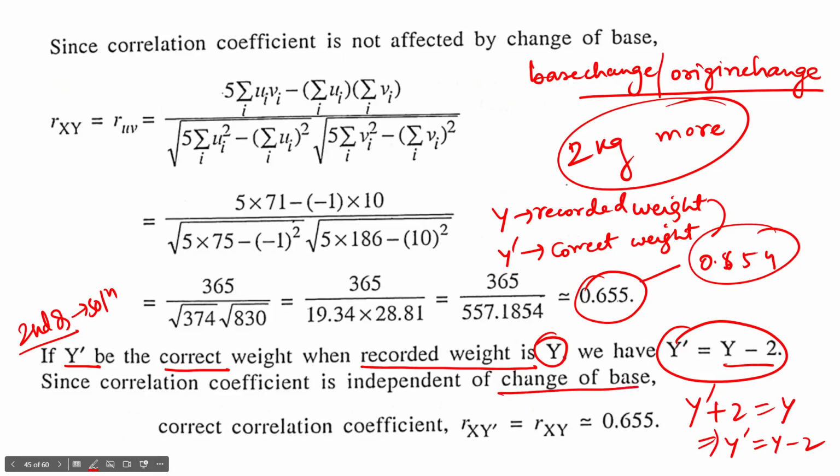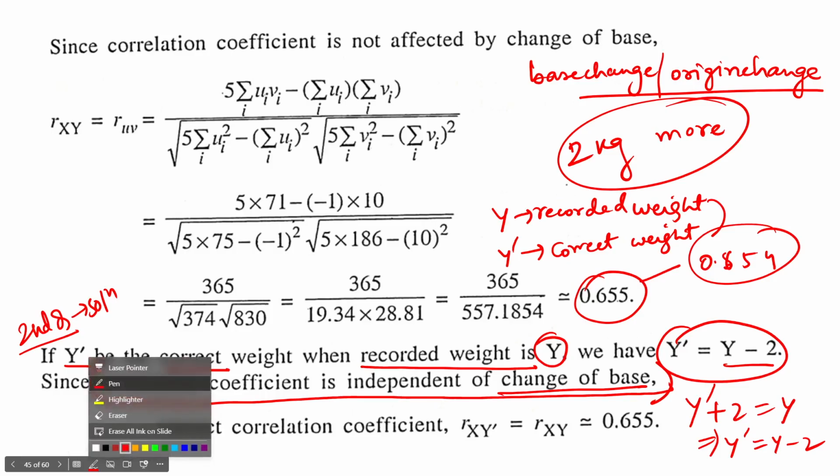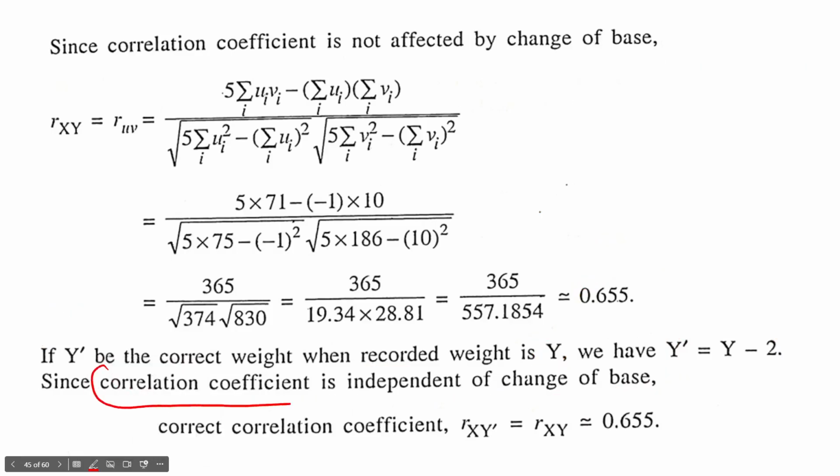So if there is any change of base, then there is no change in the correlation coefficient. That we all know, that the correlation coefficient is independent of change of base. That is the main point that you should consider from this whole discussion. The correlation coefficient doesn't change when there is a change of base.